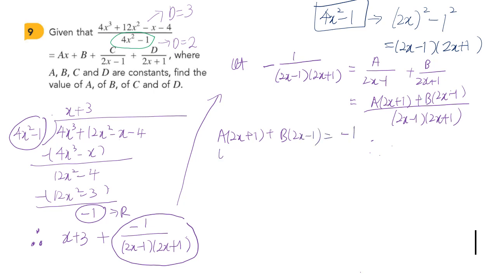Right, substitution method. I'm going to let x be negative half so that I can eliminate my A. How do you get negative half? We just let this guy equal 0. You let 2x plus 1 equal 0. So 2x equals negative 1, x equals negative half.